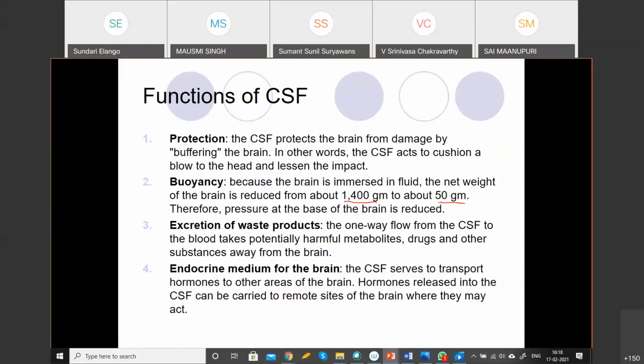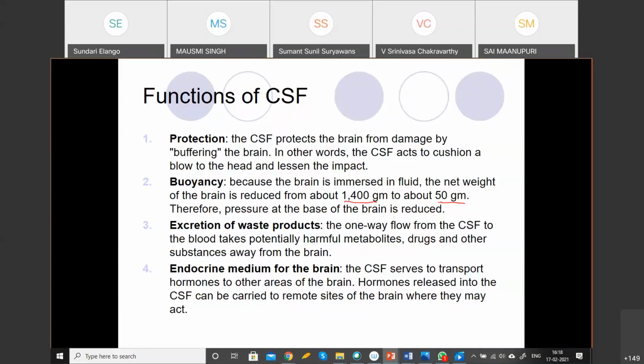Another thing that CSF does is it acts like an endocrine medium. There is this system called the endocrine system, which releases certain chemicals called hormones, and these hormones flow along with CSF and act on different parts of the brain.